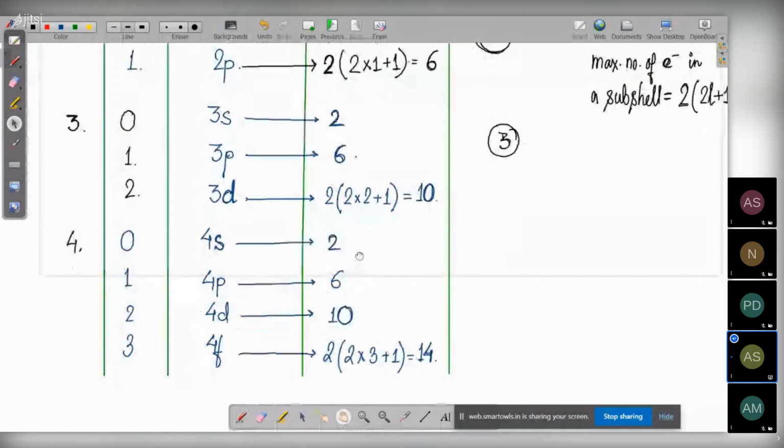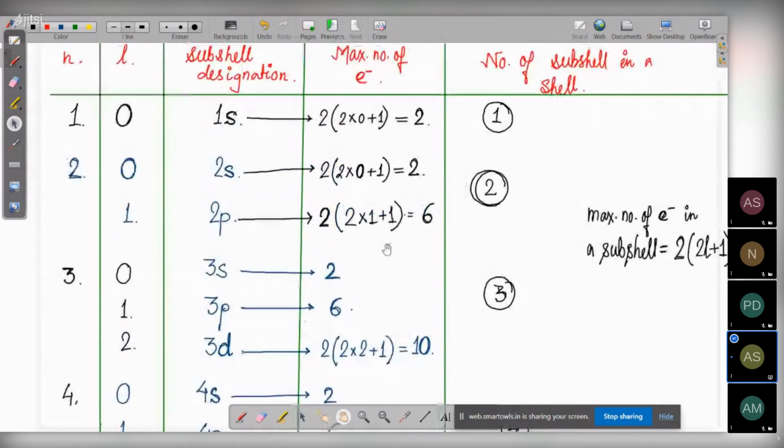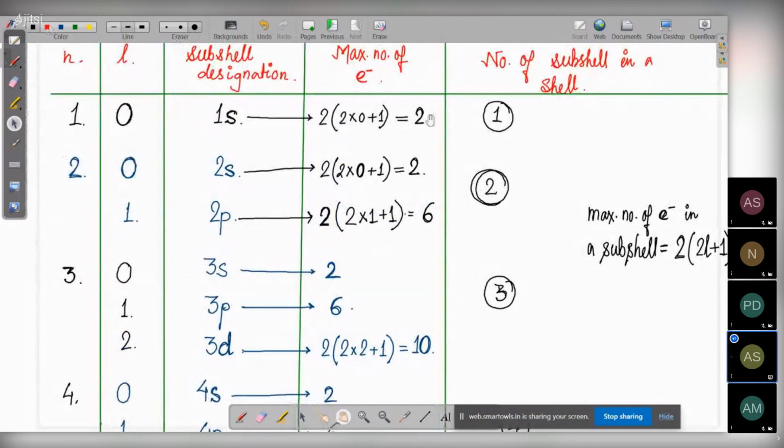Then what about the fourth shell? For the fourth shell, you have 4 possible subshells, 4s, 4p, 4d, 4f. So there is a total of 4 subshells. And if you see, what is the summation of the electrons? So here in the first shell, maximum 2 electrons can be present because only one subshell is present.